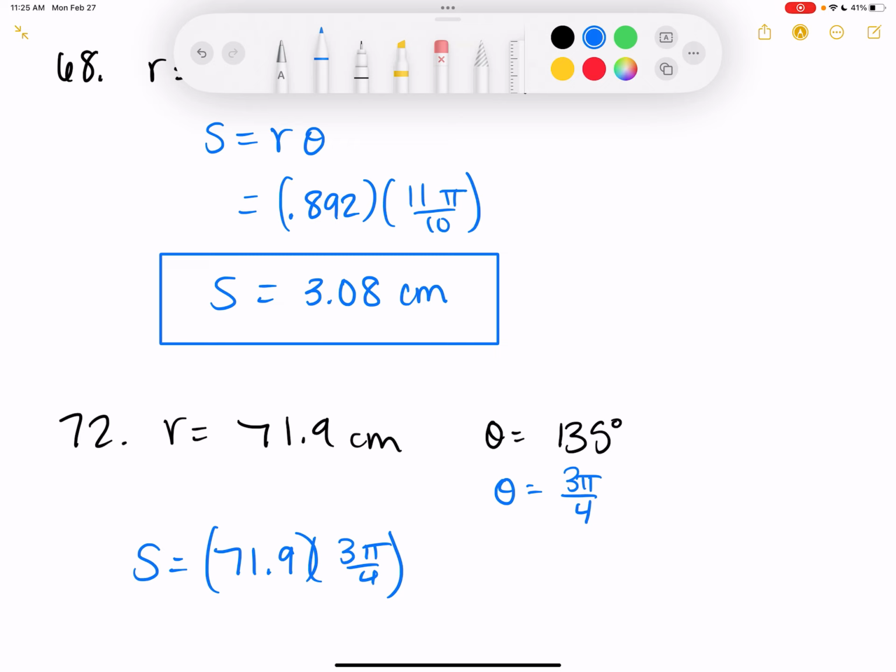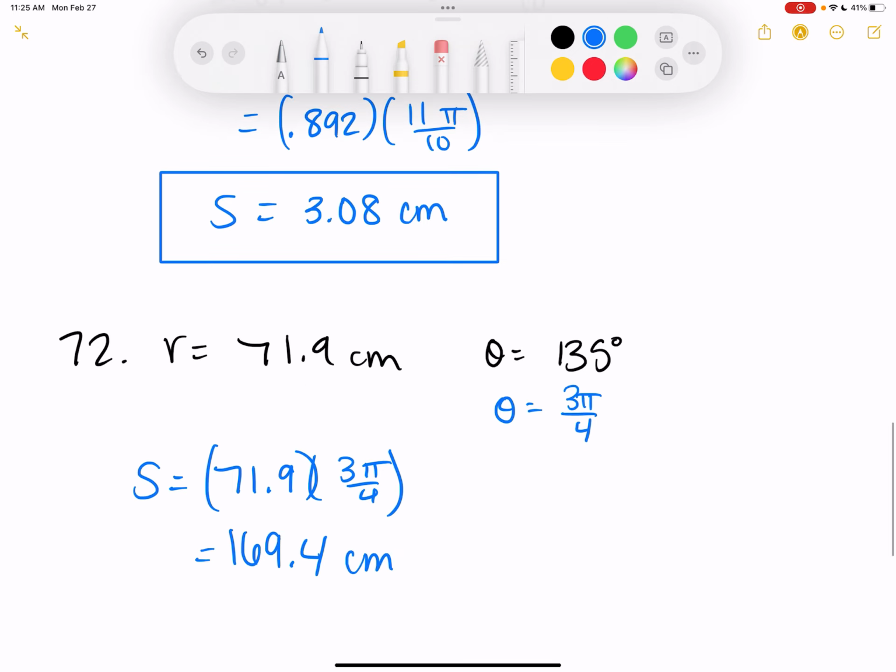Does no one else in here have a calculator? You have one? Okay. I'm the teacher. It's 169. Give her a demerit. Y'all are unprepared for class. That could be a detention too. Ethan's never prepared for class.